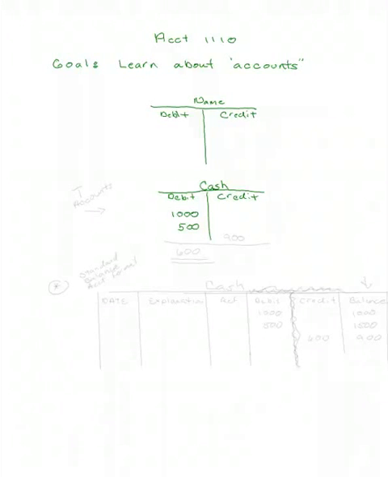Let's say our next transaction credits the cash account for $900. That means make an entry on the right hand or the credit side of the cash account. It makes it smaller. To credit an asset makes it smaller. I could now say the cash account has a balance.